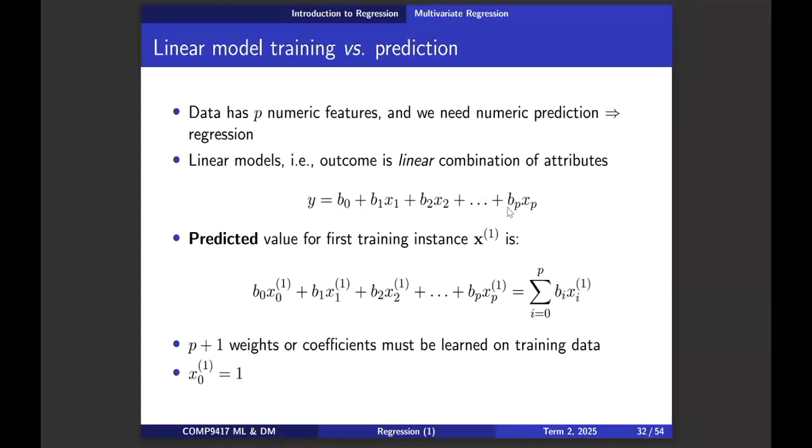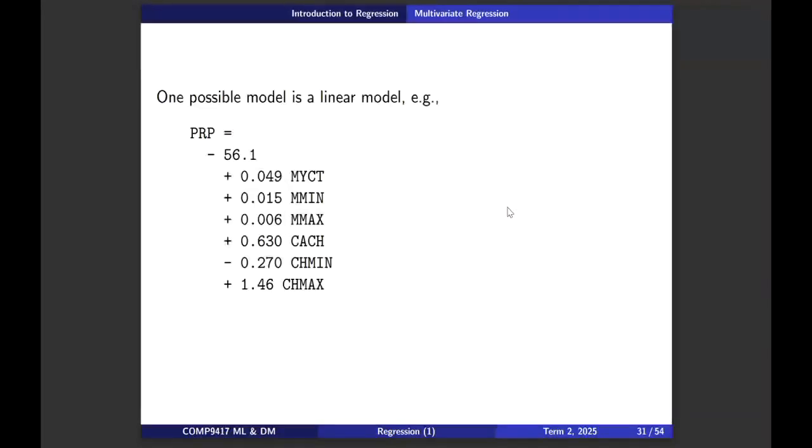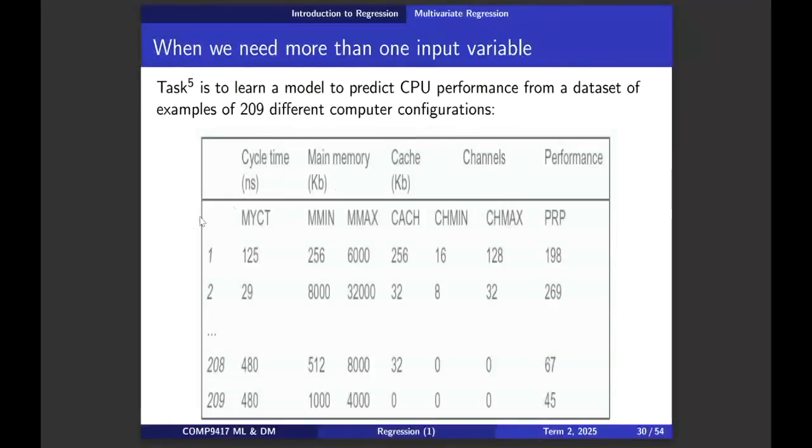So if you imagine the CPU data, this is example 1, but in this indexing that I'm first introducing, this is x1, the first component of a 6 vector. There's 6 values, first component, second component.